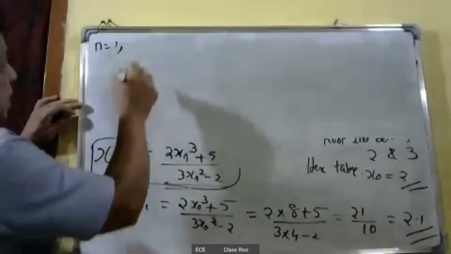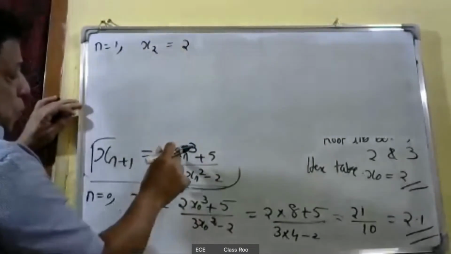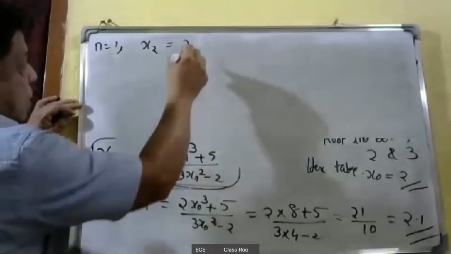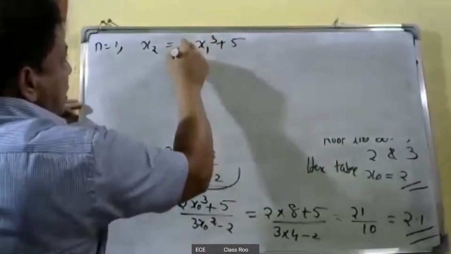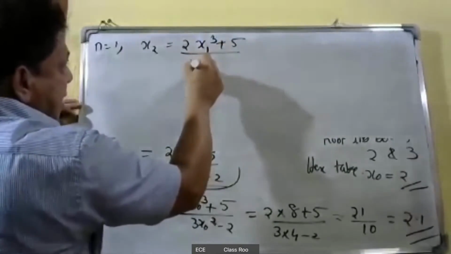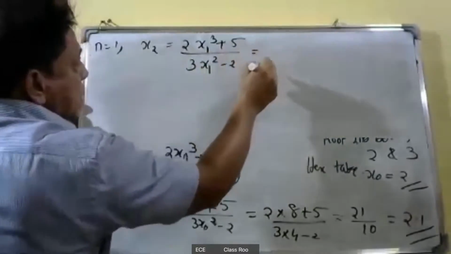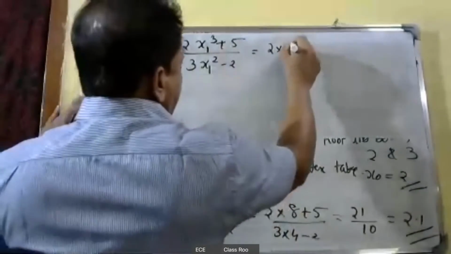We put n is equal to 1, then we get x2 is equal to 2xn cube, here xn is equal to x1, cube plus 5 divided by 3x1 square minus 2. Here x1 is equal to 2.1.